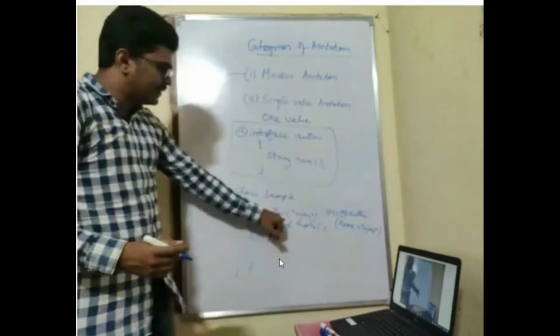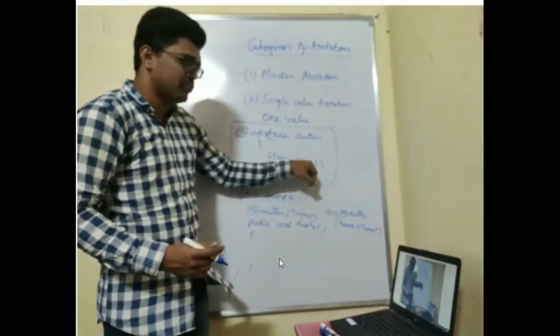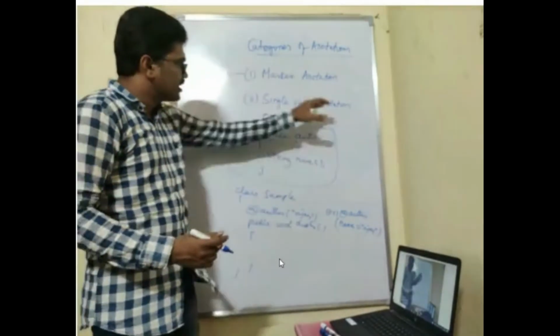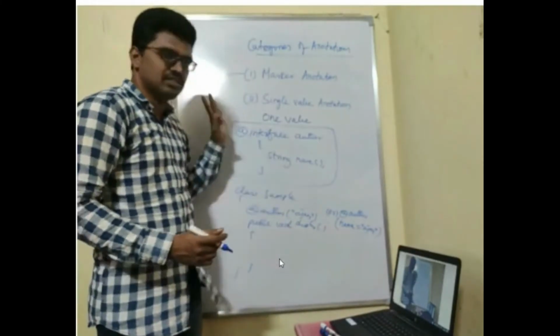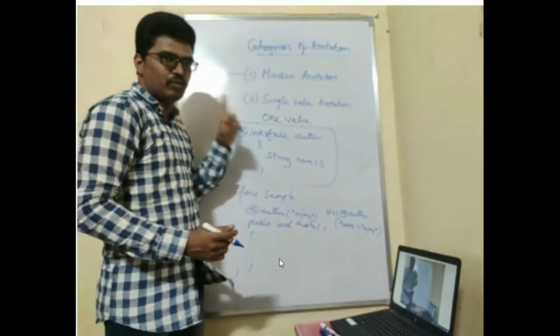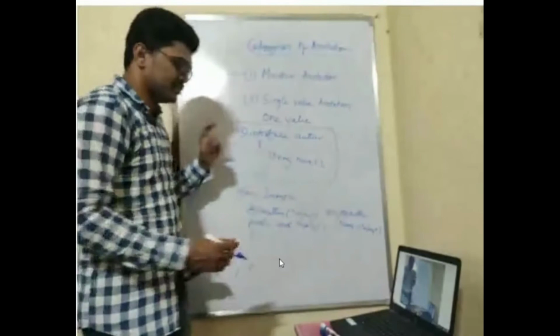So either this way or this way. You use the attribute name and give the value. A single value annotation takes only one parameter and one value. Is that fine?